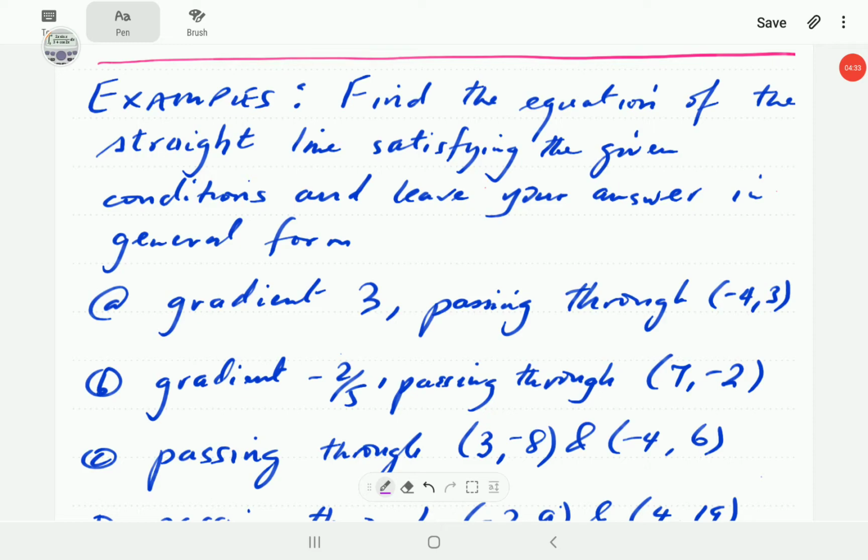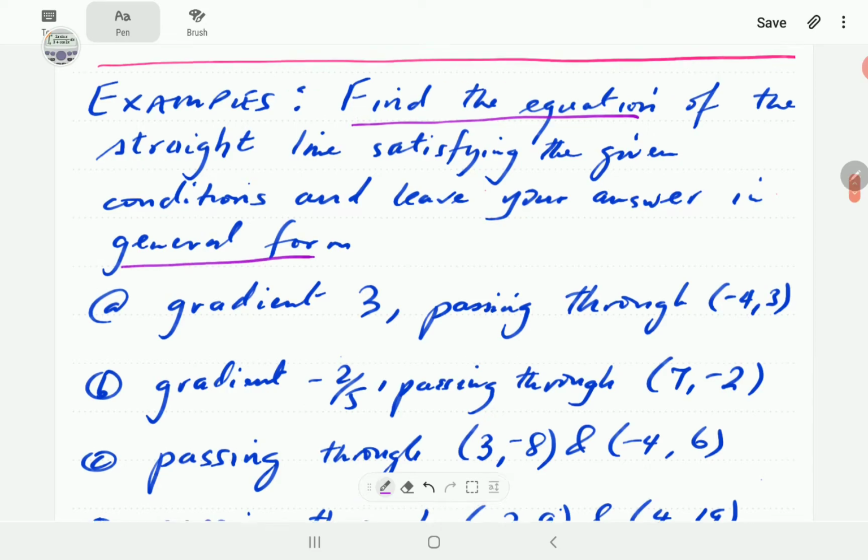All right, so in these examples, we are going to want to find the equation of the straight line satisfying given conditions. Then we are going to leave the equation in general form.